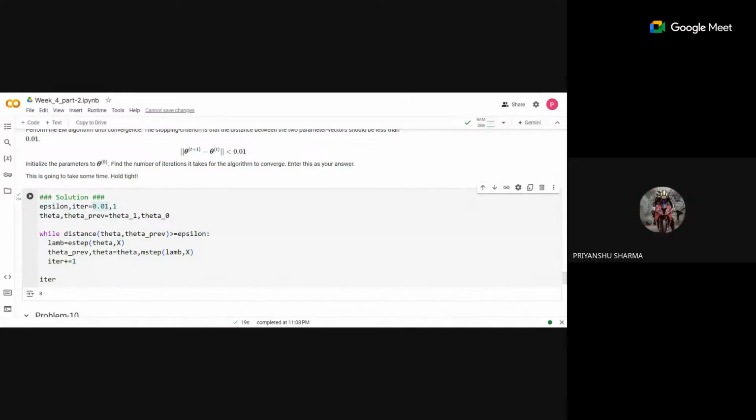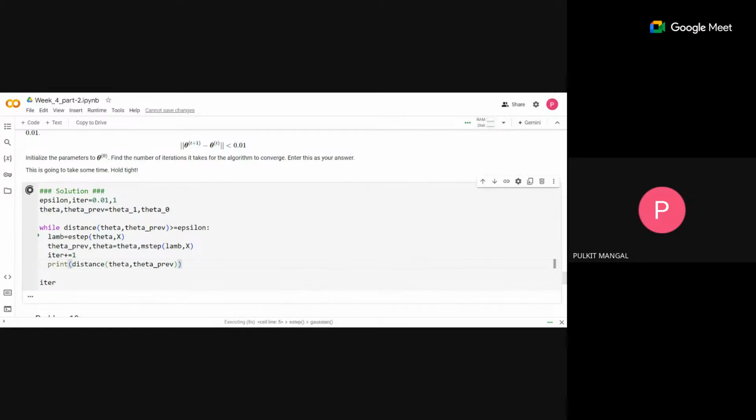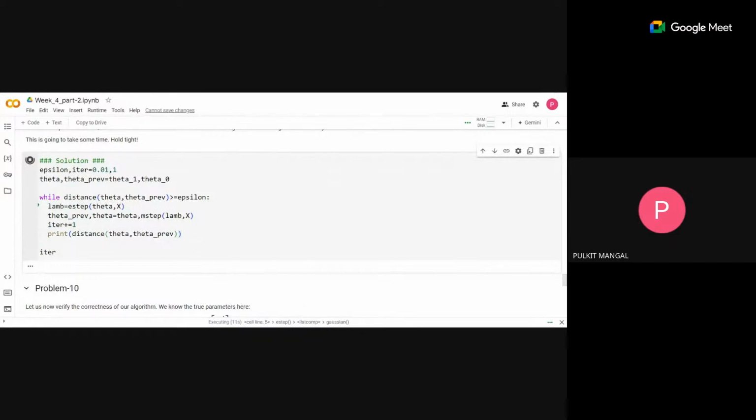Sir, in the last line, can we add and see what is the epsilon value? If it's greater, then we know that it's correct. Oh, no. Let's print the distance value, not that. I have to also print it. Maybe I will stop it.